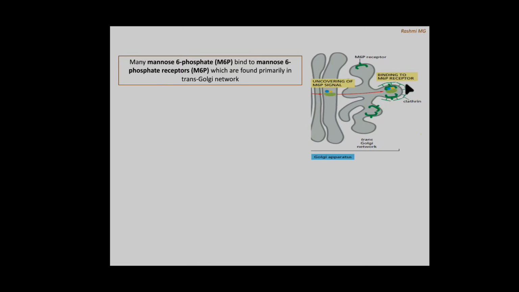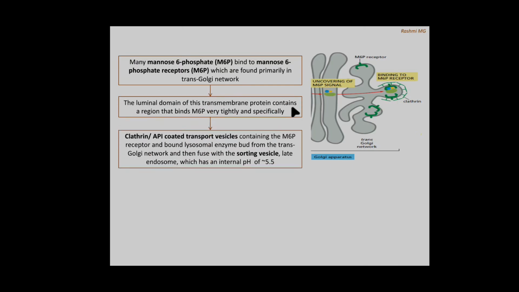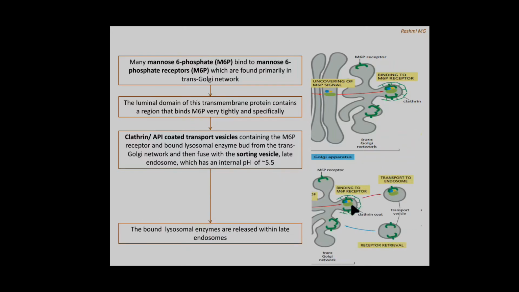See, binding to the M6P receptor in the trans-Golgi network. The luminal domain of this transmembrane protein contains a region that binds M6P very tightly and specifically. Clathrin or AP1 coated transport vesicles containing the M6P receptor and bound enzymes bud from the trans-Golgi network and then fuse with the sorting vesicle of the late endosome, which has an internal pH of approximately 5.5.